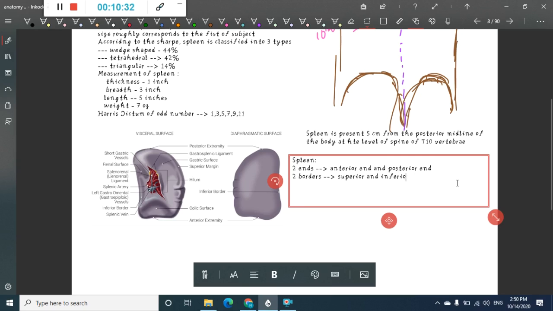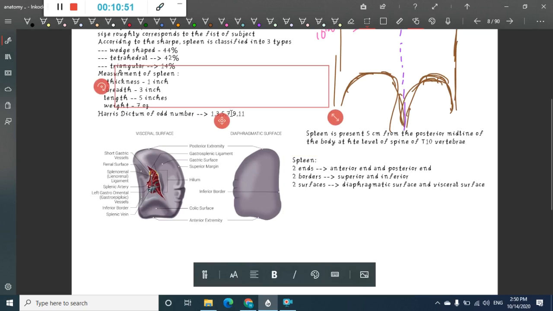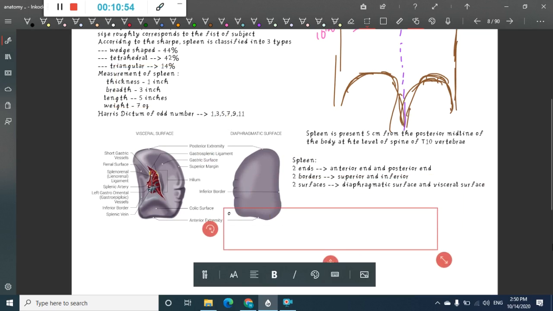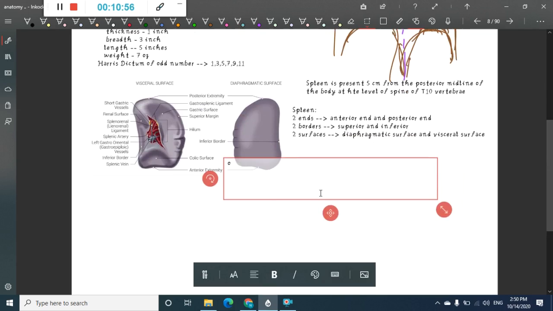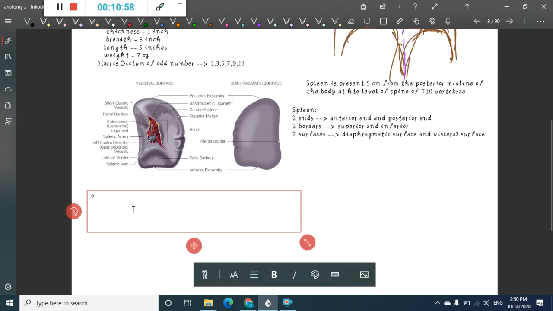Then there are two surfaces. What are the two surfaces? They are the diaphragmatic surface and the visceral surface.